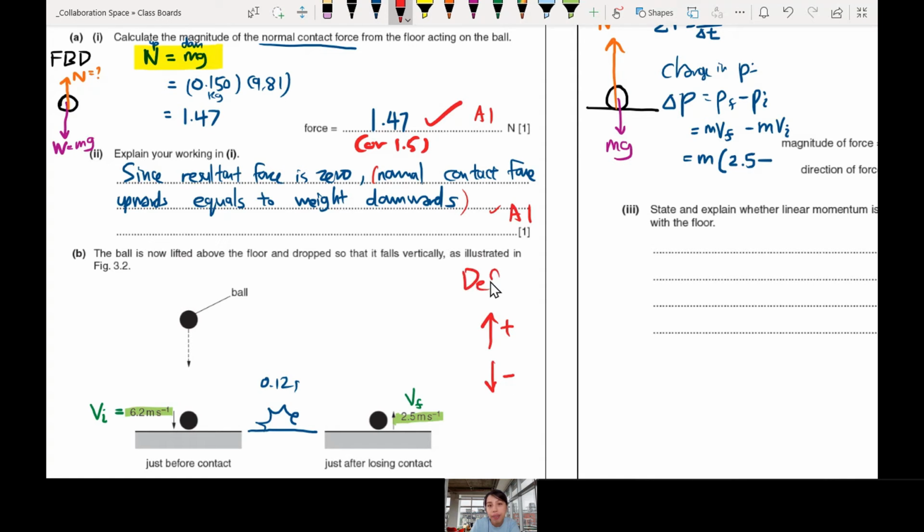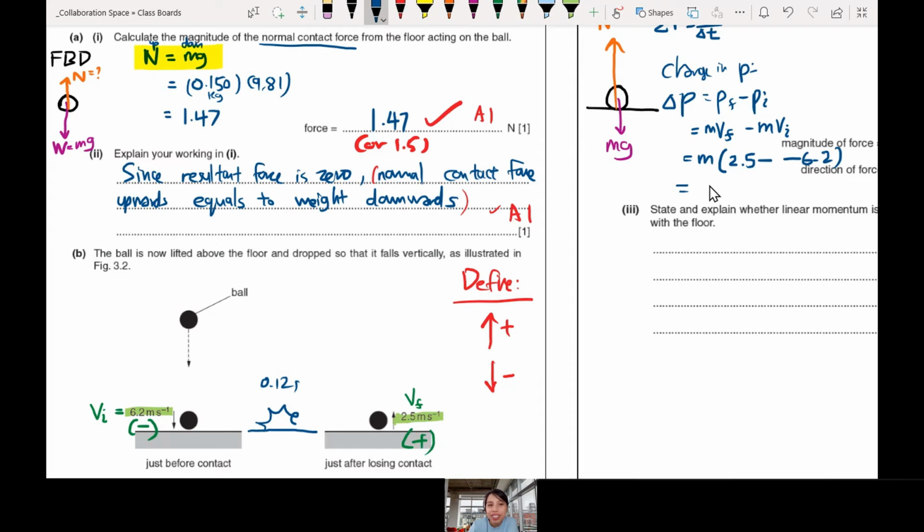This one you define. The sign reversed also okay. So if my 2.5 here is positive, then my 6.2 here has to be negative. Different direction, different sign. So I have 2.5 minus negative 6.2. So it's actually adding together.